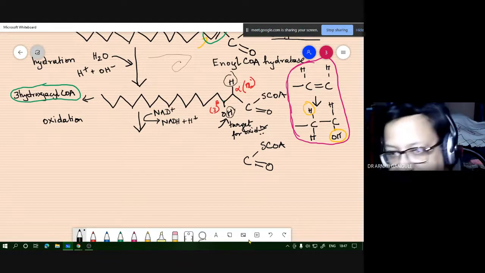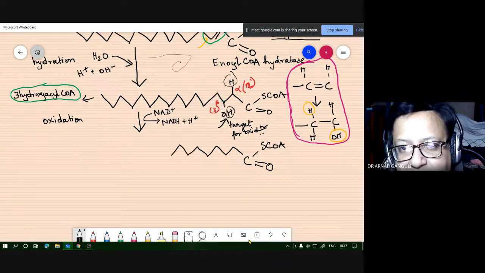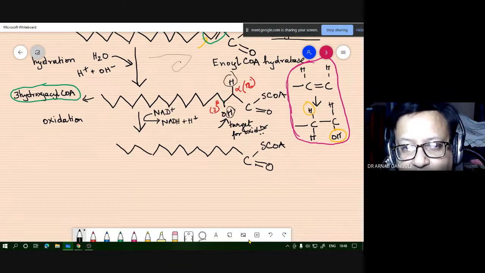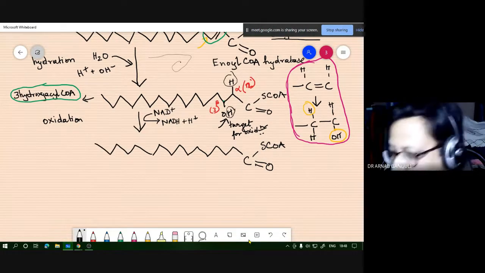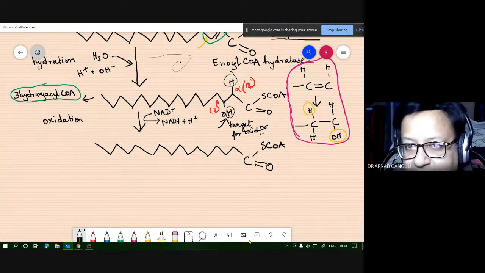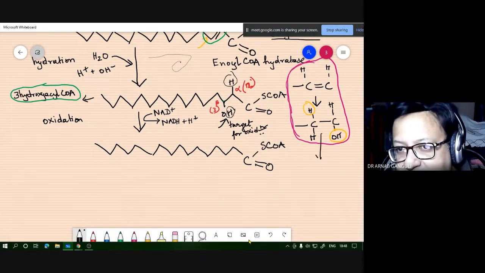Again, you draw C1, 2, 3, 4, 5, 6, 7, 8, 9, 10, 11, 12, 13, 14, 15, 16. You have drawn it. Now in this structure, if you remove this hydrogen again, what will happen? Only the H is removed.